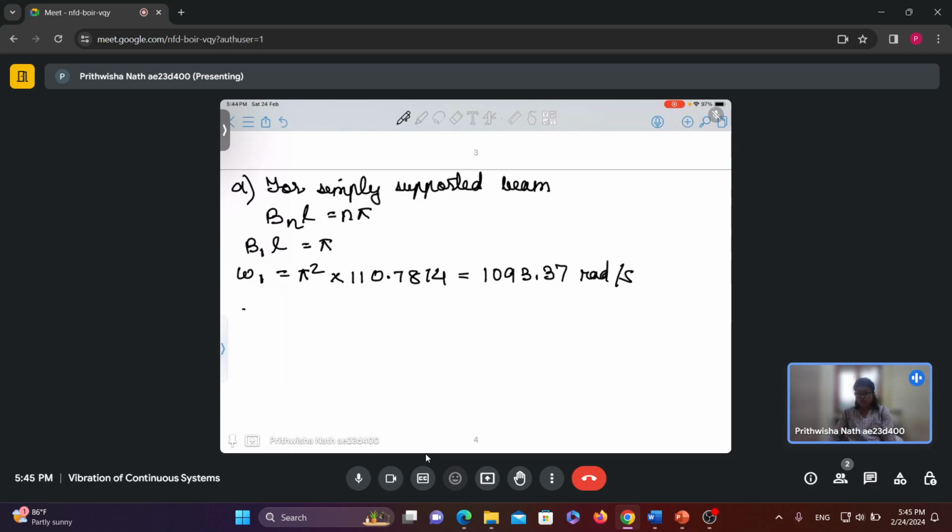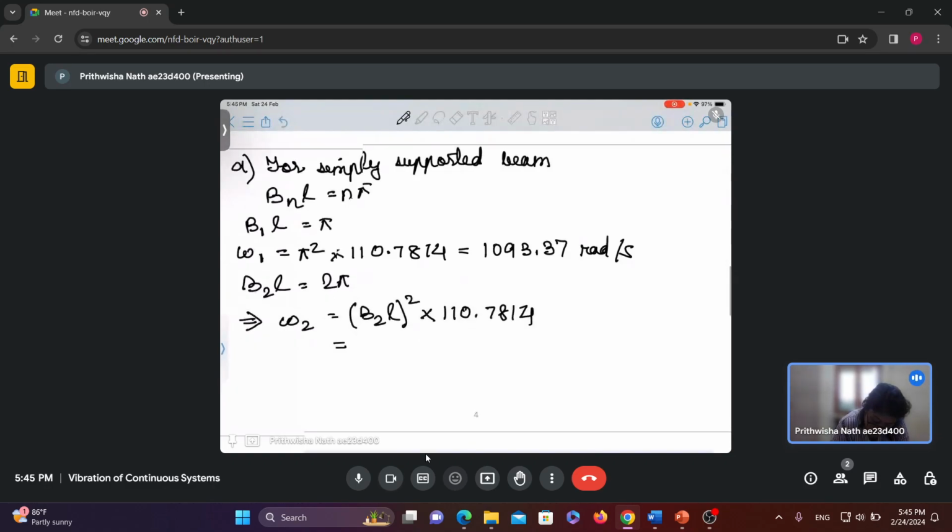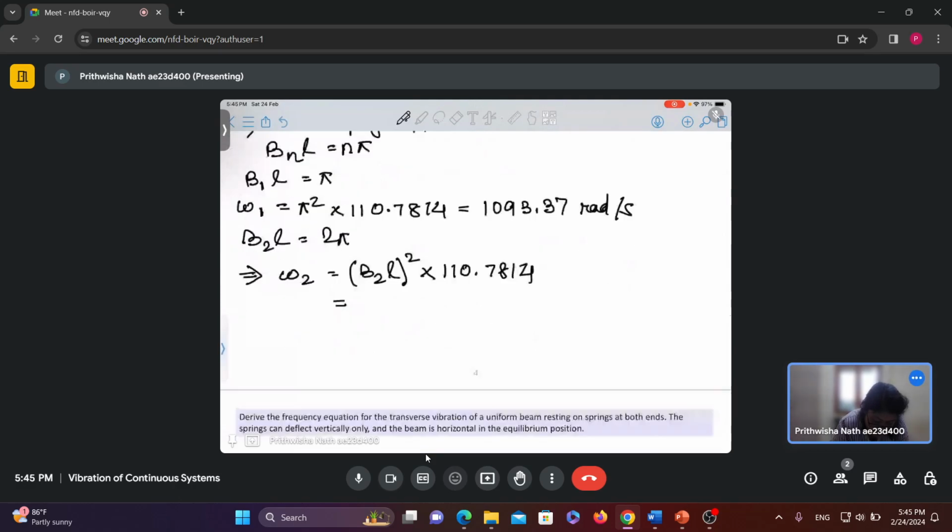So in place of beta 2 L, I'll substitute 2 pi, which becomes 4 pi square into 110.7814.